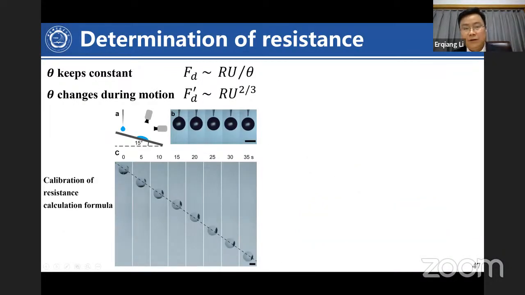If we want to compare our theoretical value with experiment, we also need to know the resistance. Usually people think if this film moves and the contact angle stays constant, the resistance goes with this scaling law. If it changes during motion, then you have to use the Cox theory. The resistance will be this one, to the 2/3 power of the velocity.